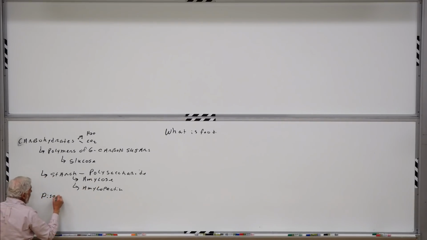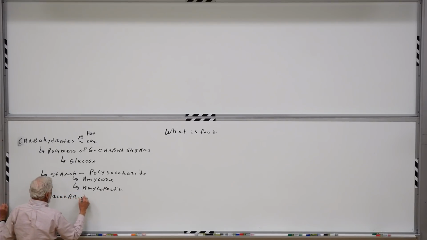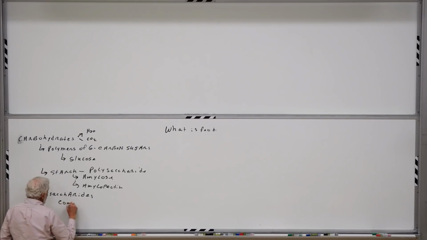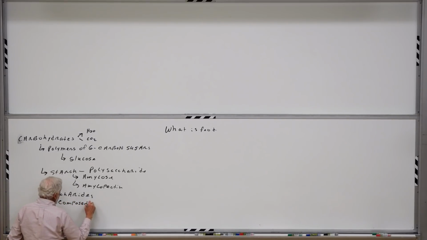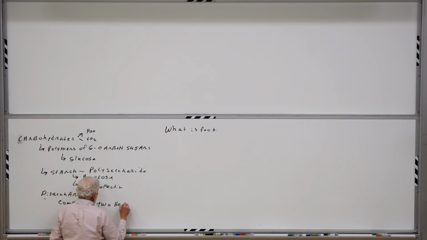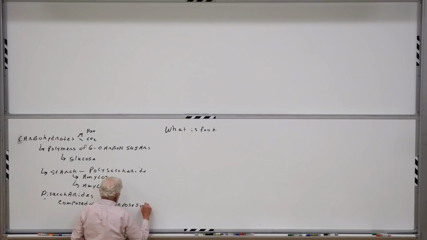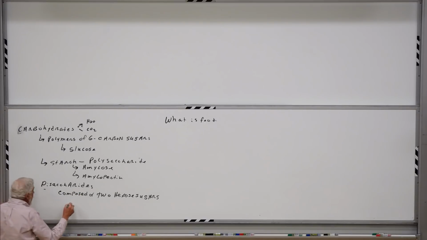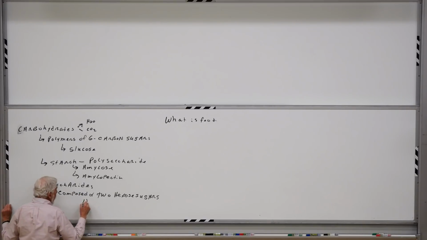But in a related nomenclature, we also have disaccharides. Di meaning two. The disaccharides are composed of two hexose sugars. These can come, as we said on the sideboards, as maltose.